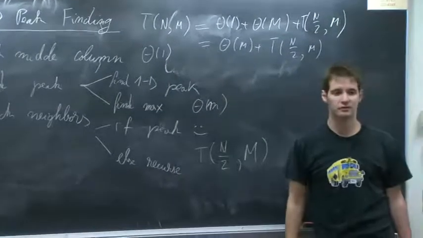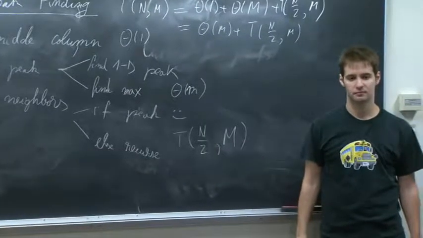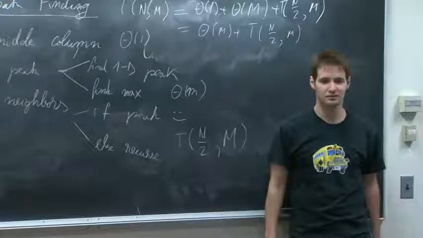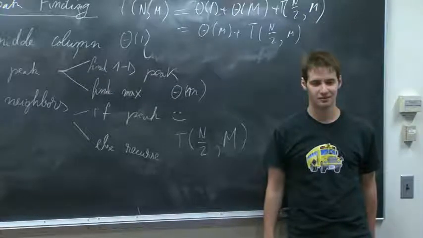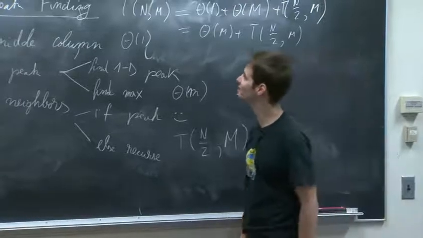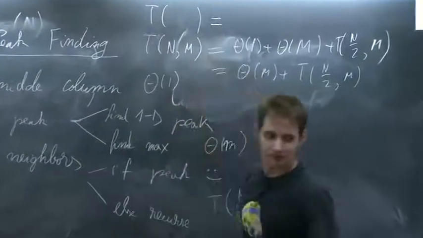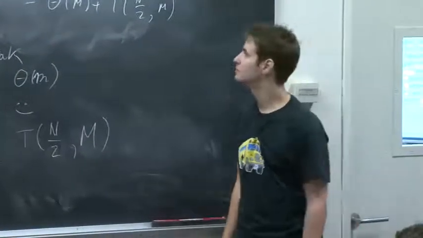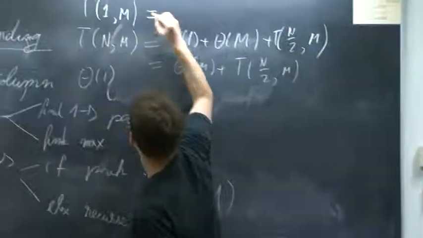How would I solve this? What's the first thing that we need? You need to figure out the base case. All right, excellent. What's the base case? T of 1 comma m equal to O of m.